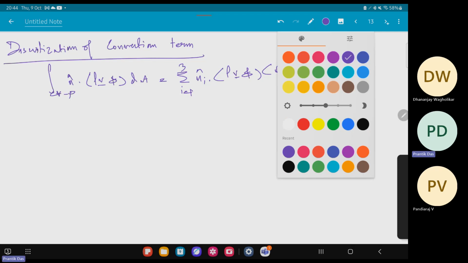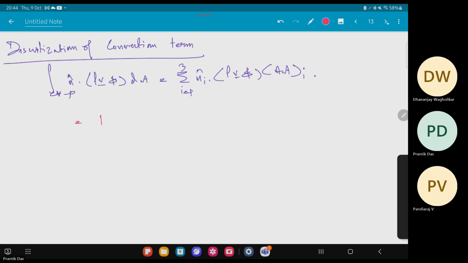Now this is basically equal to F1 phi 1, where F1 is near about equal to n cap dot rho V delta. This will need some kind of interpolation, but as of now, if we assume the flux over the face is constant, then we can assume it to be F1 phi 1.